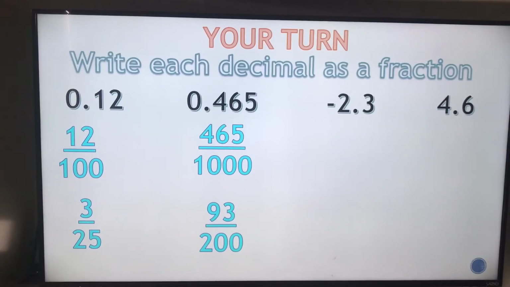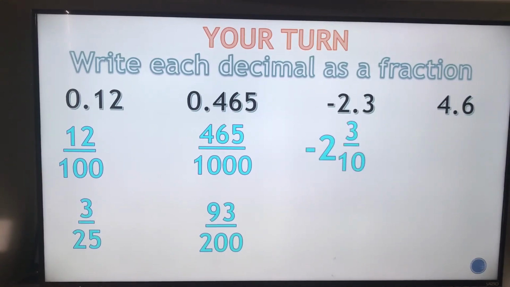So I threw these in there because you will see this and you'll see it on an activity you're going to do. But just because the ones place now has a number, that doesn't change anything. You still put your decimal over the same place value. So we read this as -2 and 3/10.